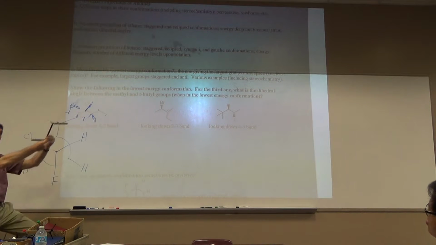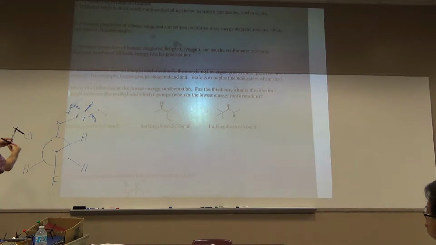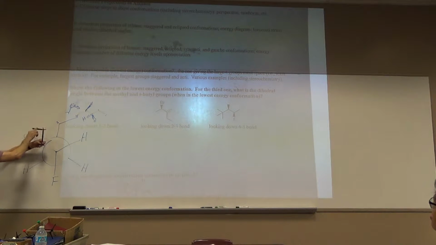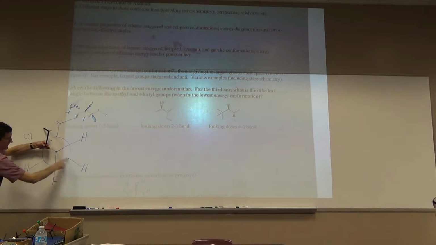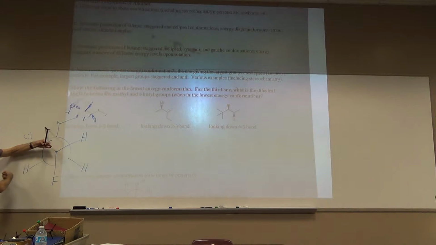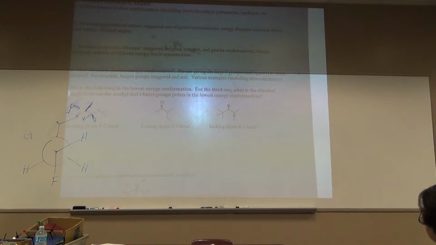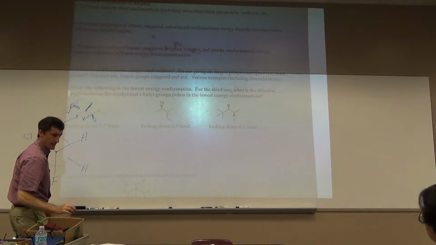I'm drawing the same thing on the board. I'm just going to turn. This is the back carbon back here. Straight up, that can rotate. You can draw that any way you want. Carbon straight up, H to the right, H to the left. Yes, these are going back a little bit. Okay, there you go. That's the original view.